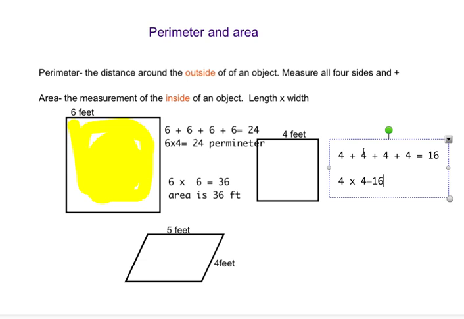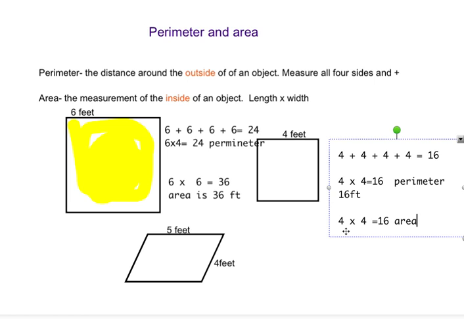So my perimeter, when I measure around, is 16 feet. And if I do area, this particular measurement is length is 4, width is 4, so I do 4 times 4. And in this case, which sometimes does happen, my area is the same as my perimeter. But you could see, as this example shows, it is not.